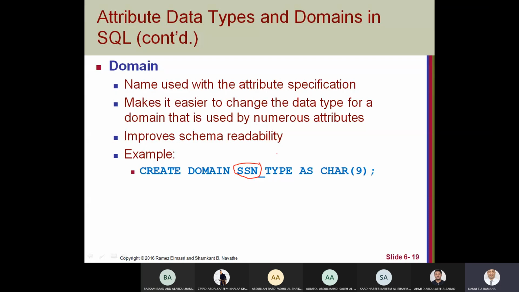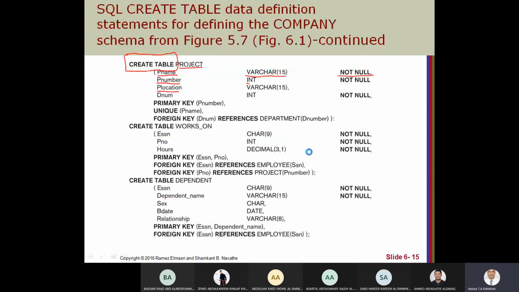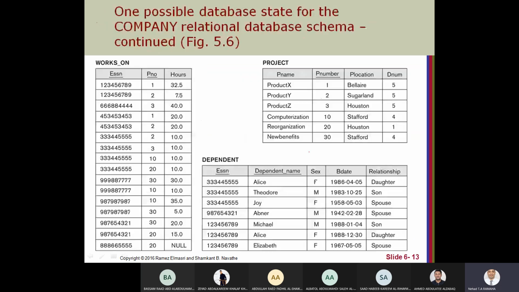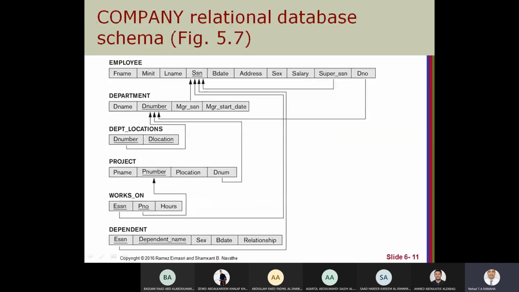SSN, or social security number. If you see here in our example database, we have SSN in this table, we have SSN in this table, and we have SSN in this table. All related to each other.